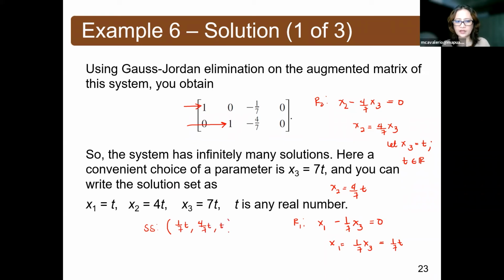as well as t. Now, if we want to come up with whole numbers, then we can allow t to be equal to 7, for example.